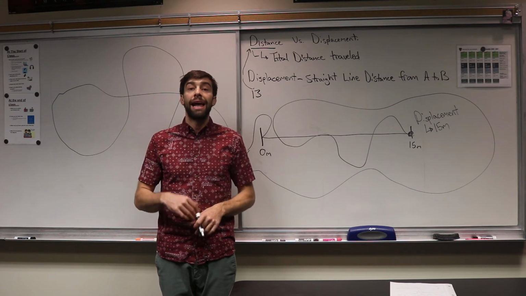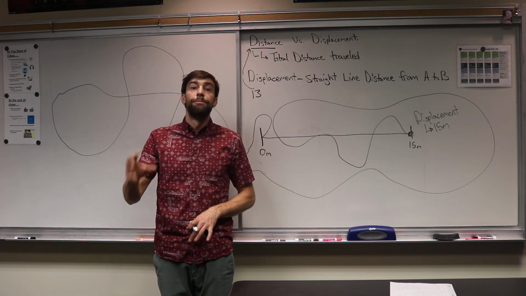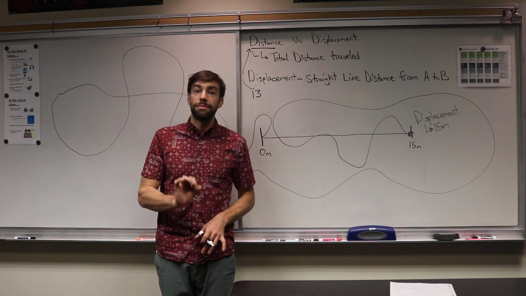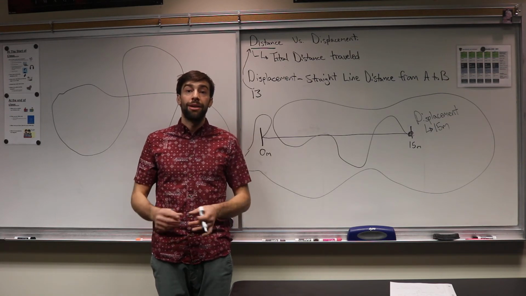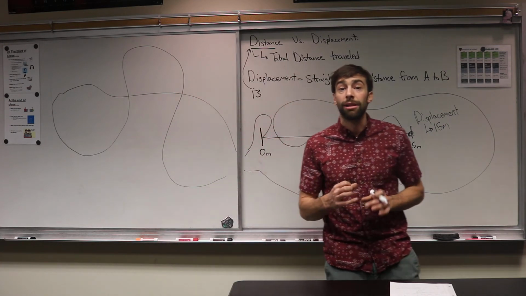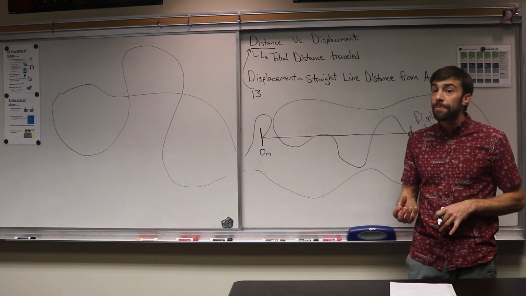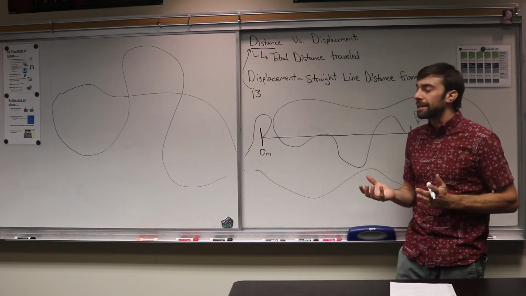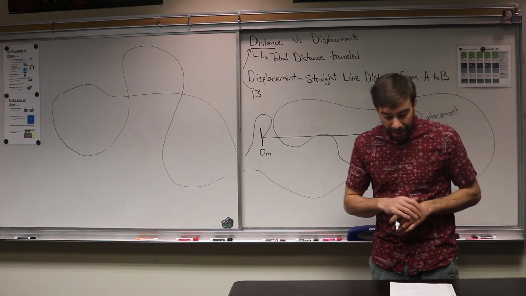I started and ended in the same spot. I have moved 0 meters from point A and B are at the same spot, so my displacement here is 0 meters. So it is possible to have a very, very large distance that you travel, but have a very small or 0 displacement.